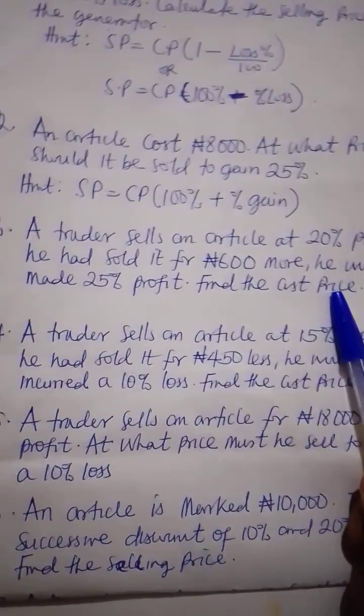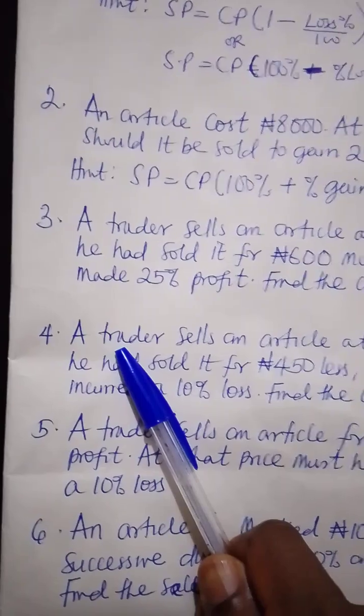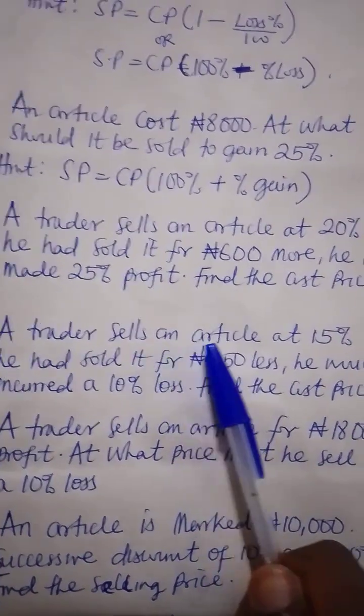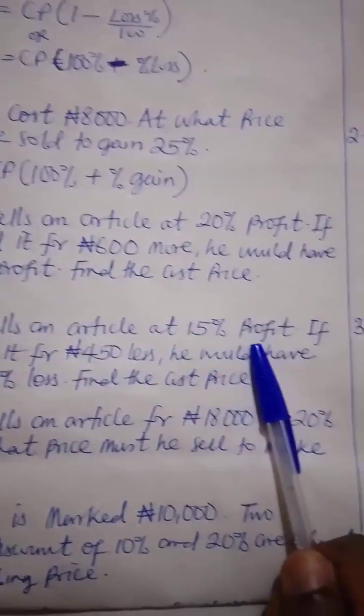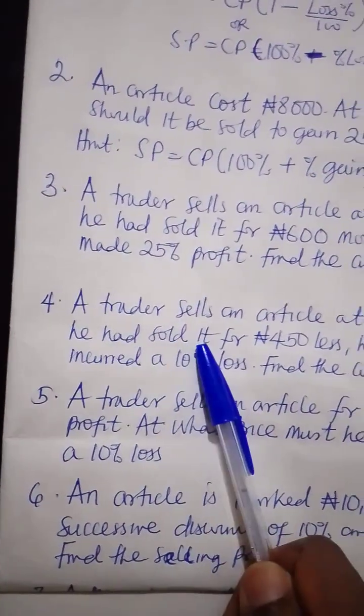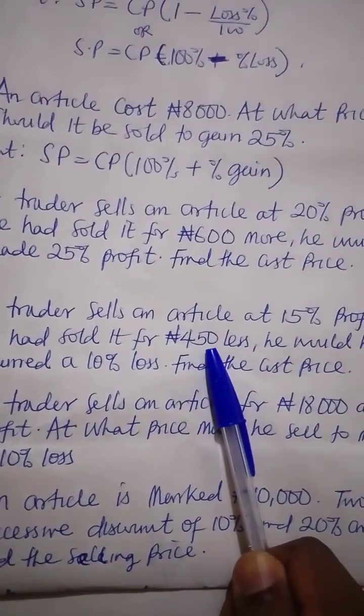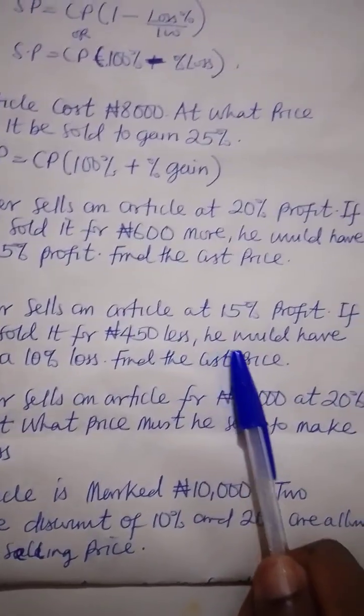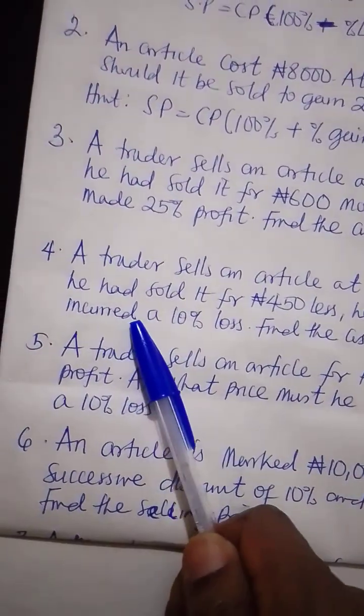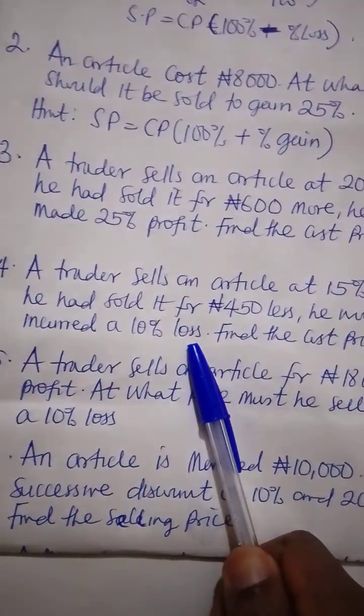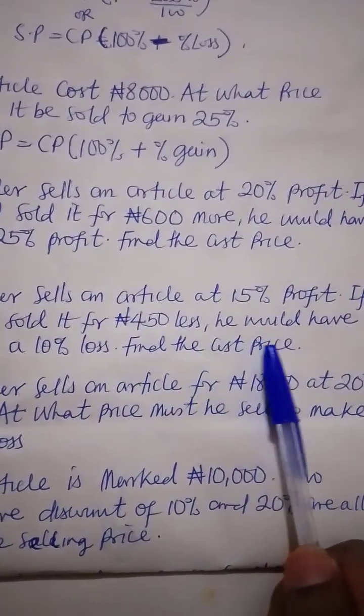That's question 3. Question 4. A trader sells an article at 15% profit. If he had sold it for 450 naira less, he would have incurred a 10% loss. Find the cost price.